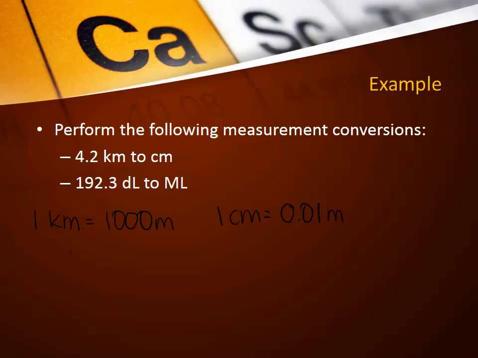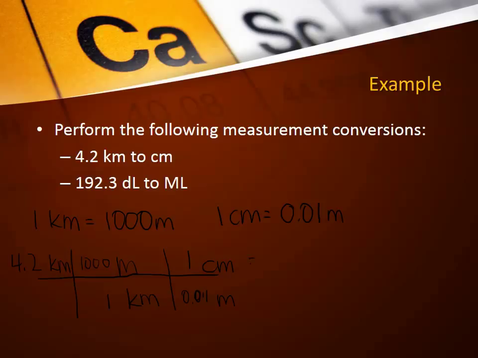So, we start with a conversion factor, kilometer, which goes right down here. I don't know something that relates kilometer to centimeter, so I have to go to meter, which means meter goes down here, and I can finally put centimeter up top. So 4.2, 1,000, 1 kilometer, and 1 centimeter, 0.1 meter.